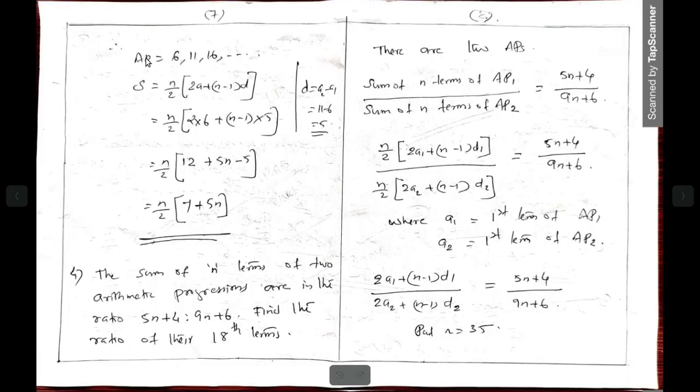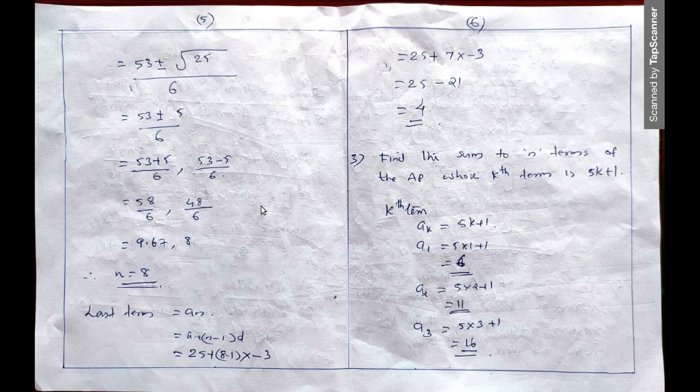So you will get the AP as 6, 11, 16, etc. So S is calculated by the formula n by 2 into 2a plus n minus 1 into d, and d is 5. Then applying all the values of the variables, we got n by 2 into 7 plus 5, the sum of n terms of the AP.